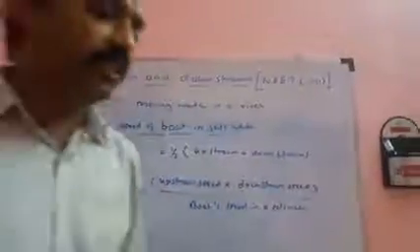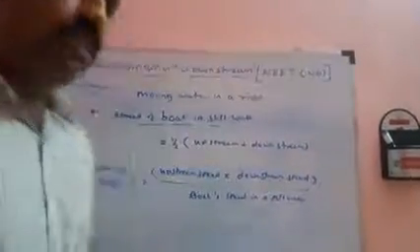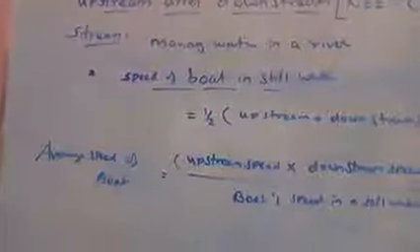And what about the speed when he reaches the other side, and which place may he reach? These are all going to be discussed under upstream and downstream. Based on that, there is another formula, that is the speed of man in still water.